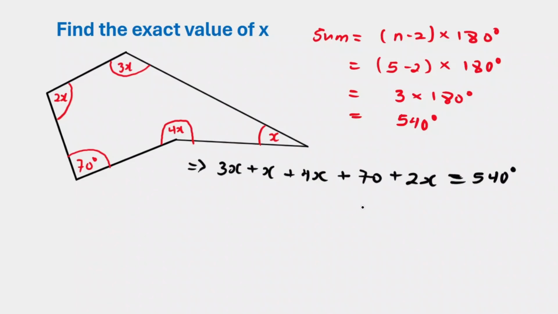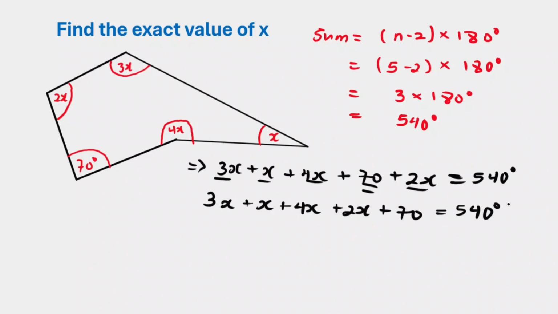Remember, all angles are measured in degrees. Now we can collect like terms. Some of the terms contain the variable, so these are all like terms. That's going to be 3x plus x plus 4x plus 2x, plus 70, equal to 540 degrees.